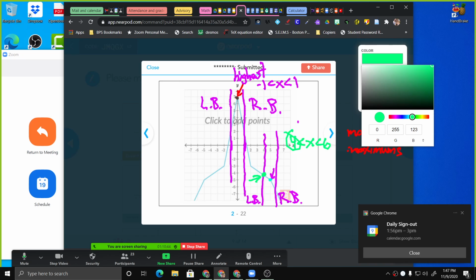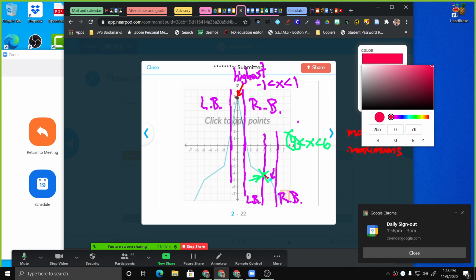4 isn't included, right? We're going from 4 less than x less than 6. So if we leave that point out, is there still a highest point in that interval? Well, we could think about the point that's a teeny bit to the right of that point. Maybe that's the highest point. No, there should be another one that's even closer to the green point, but higher. Maybe that's the highest point. No, there's another point that's even closer to the green point, but higher.